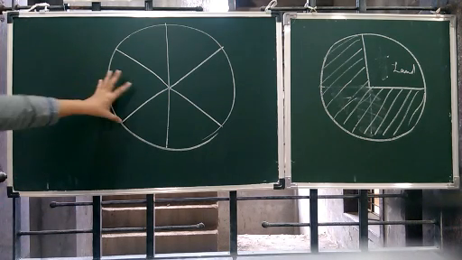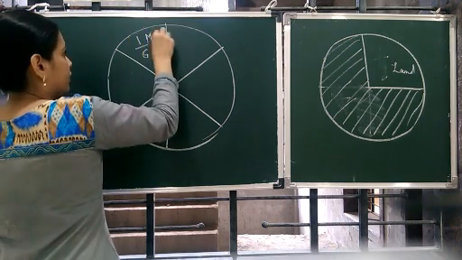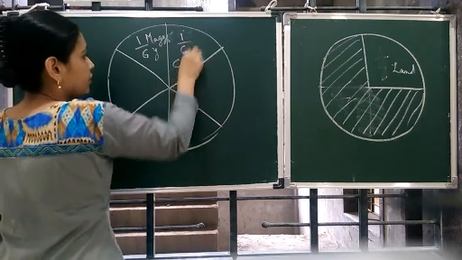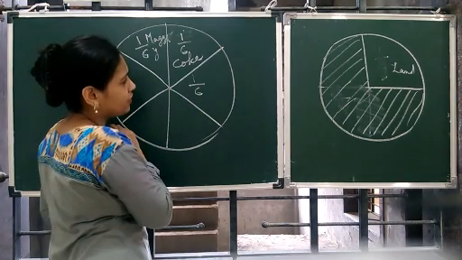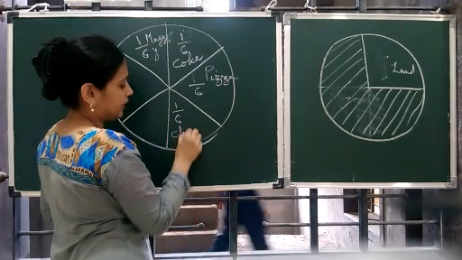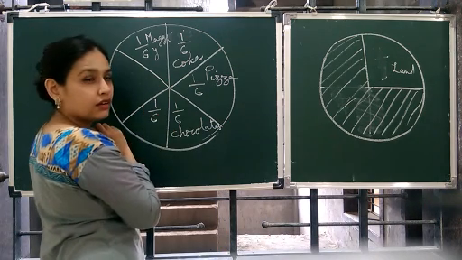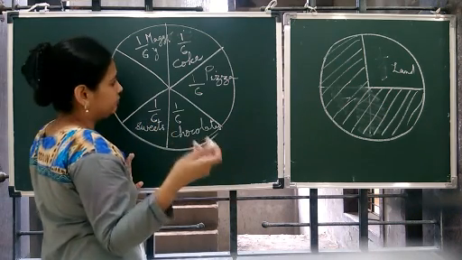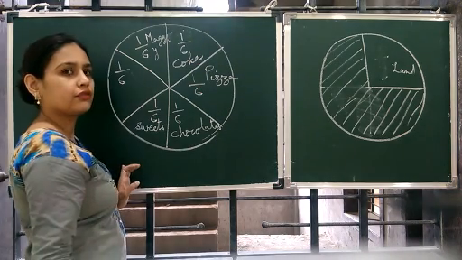This is the data of class 8 in which 1/6 of the students love Maggie, 1/6 of the students like Coke, 1/6 of the students prefer pizza, 1/6 of the students like chocolates, then 1/6 of the students like sweets, handmade or something like that, then 1/6 of the students love burger. Let's write that.